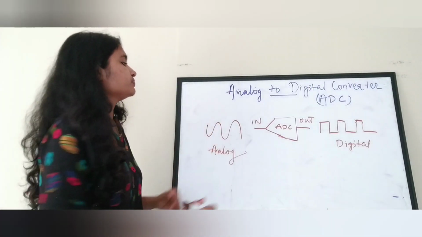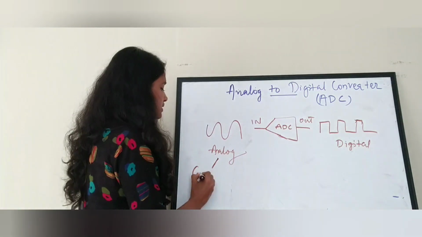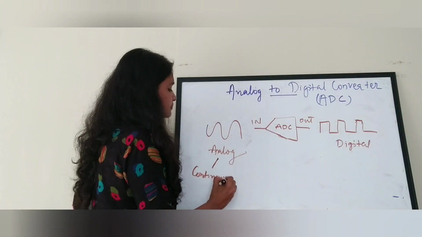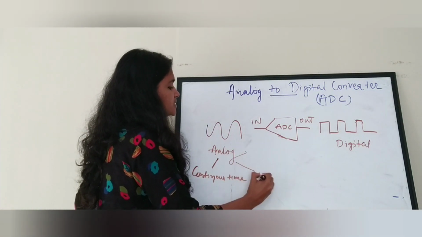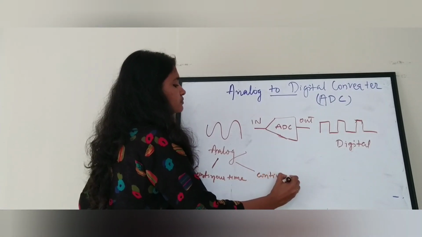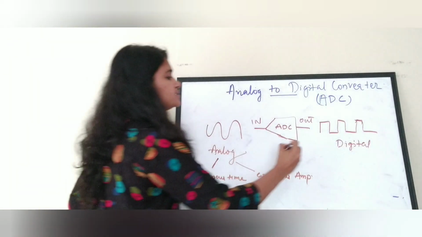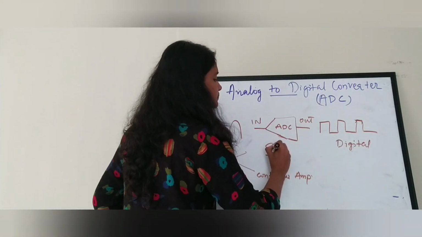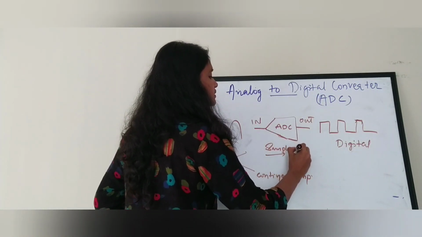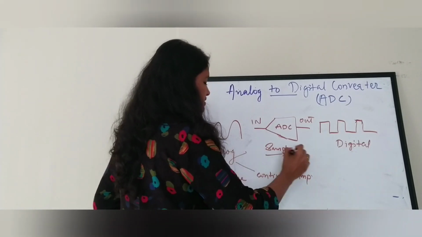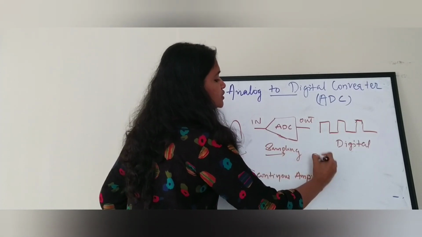We know the analog signal is continuous in time and continuous in amplitude. So in the first step, that is the sampling step, the continuous time is converted into discrete time.